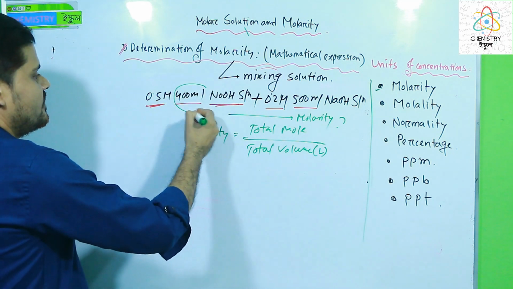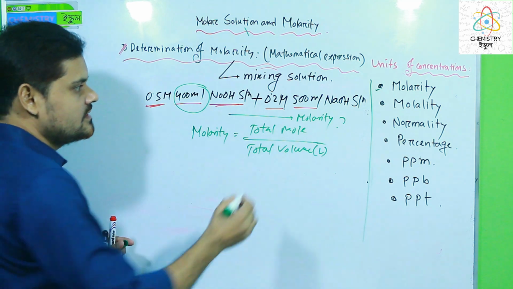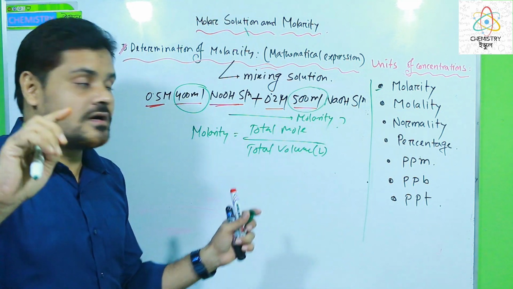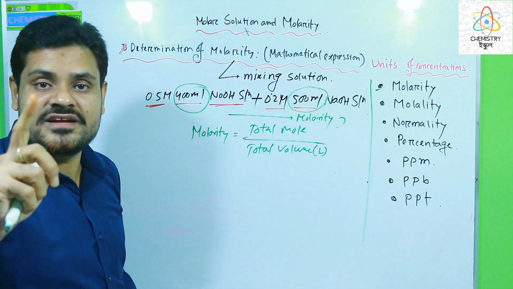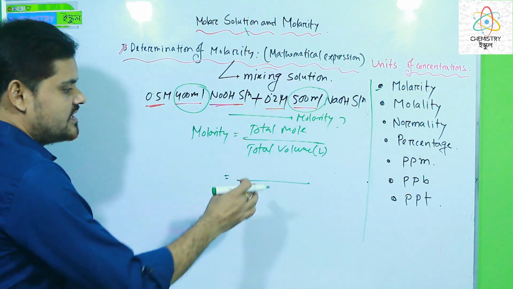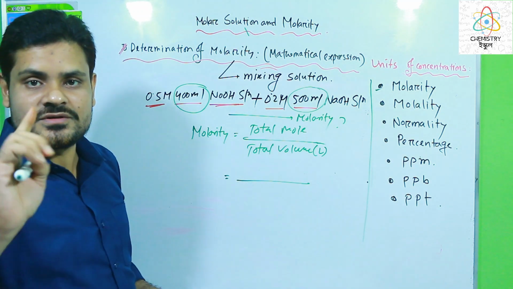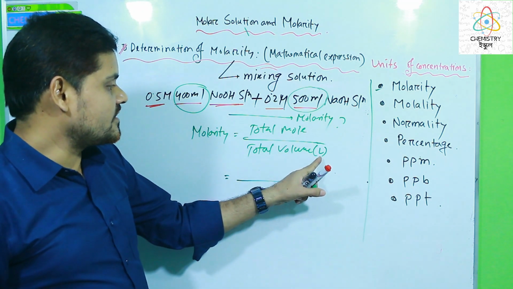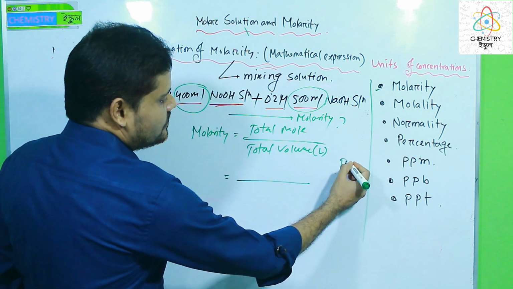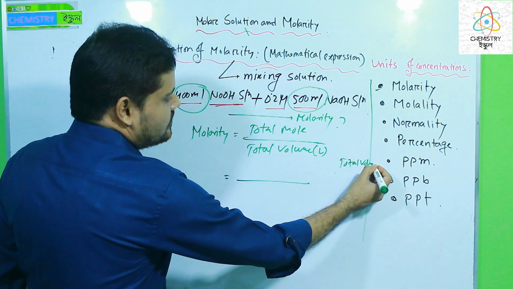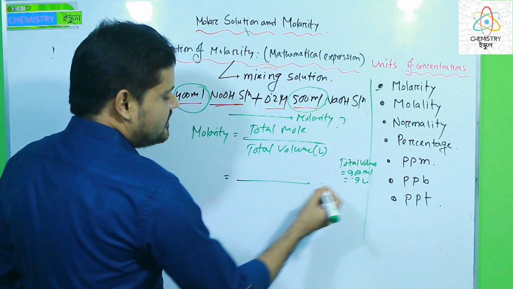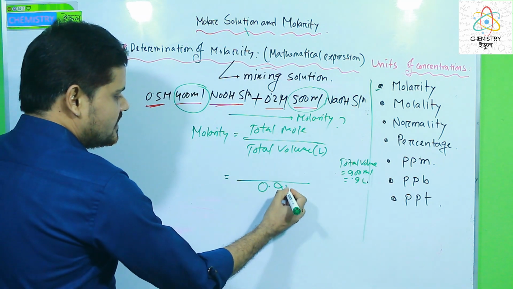The volume of the first solution is 400 milliliters and the second is 500 milliliters. So the total volume will be 900 milliliters. We should write it in liters, so 900 milliliters is 0.9 liter. So you can put 0.9 liter here.